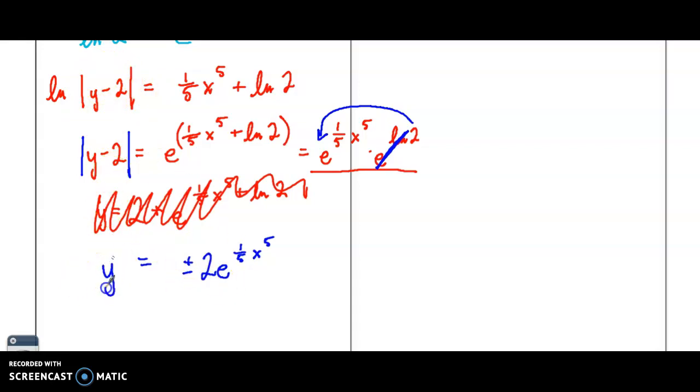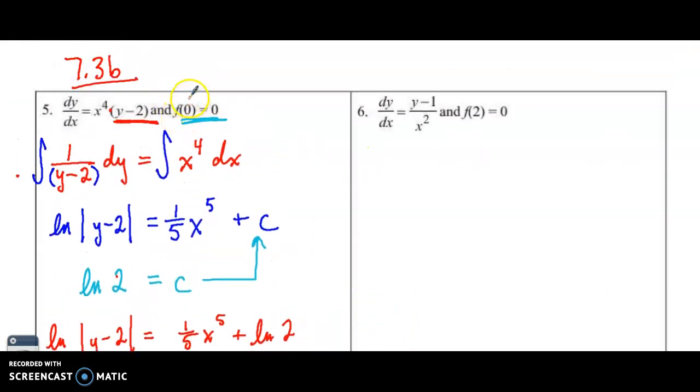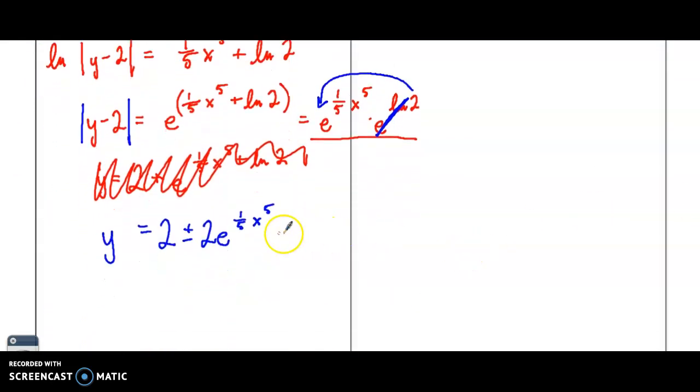And so when you solve for y and add 2 over, now only one of these answers is correct. And that's where he went earlier and plugged back in the initial condition that when x was 0, you get y is 0. Well, if x is 0 here, the only way to get y to be 0 is if this is 2 minus 2, because 2 plus 2 would give you 4, and that's not the right answer.